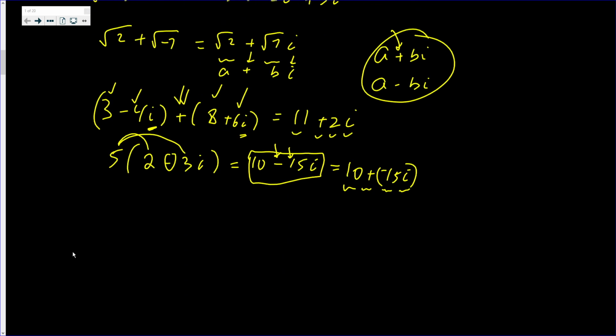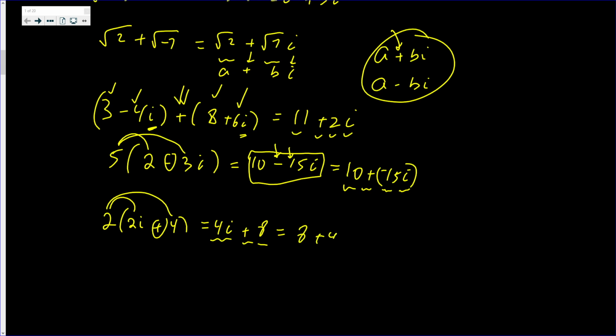Try some more. You have 2 times 2i plus 4. Well, 2 times 2 is 4 times i, plus 2 times 4 is 8. Now, this is not in a plus bi form.